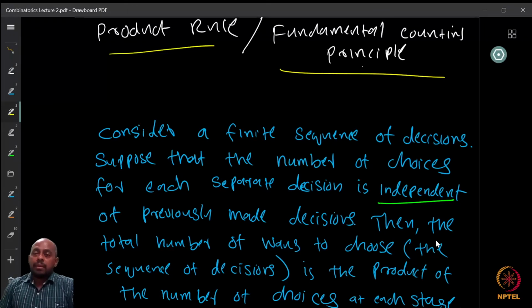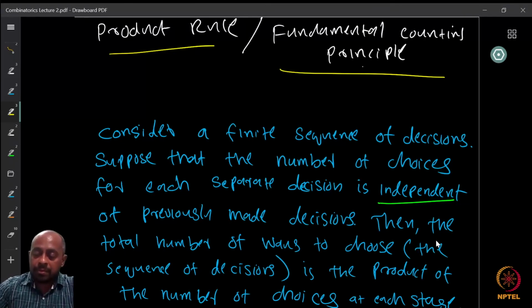So we have a finite sequence of decisions, and the number of choices for each separate decision is independent of the previously made decisions. Then the total number of ways to choose the sequence of all the decisions, right, is the product of the number of choices at each stage. So this is the product rule.